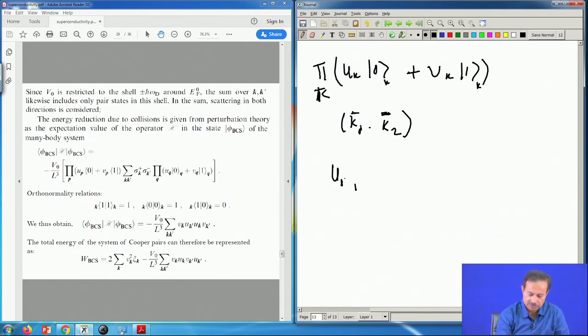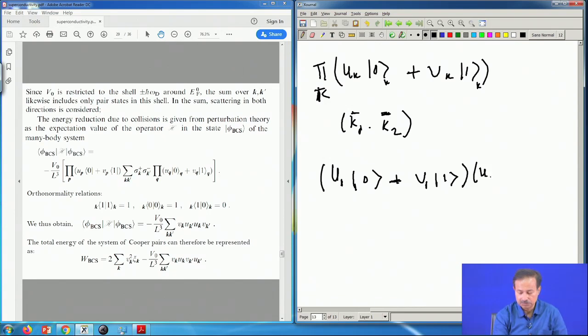I will write u 1 into 0 plus V 1 into 1 in state 1, times u 2 into 0 plus V 2 into 1 in state 2. Okay. Now, let us look at it.